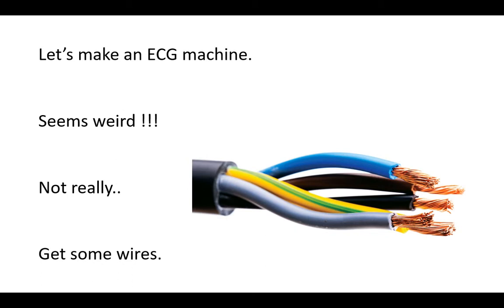So how to do it? We have taken some wires. Now at the center position we have our heart, and this is the right arm of the patient, this is the left arm of the patient, and this is the left foot of the patient.